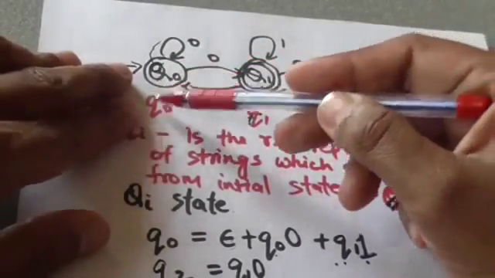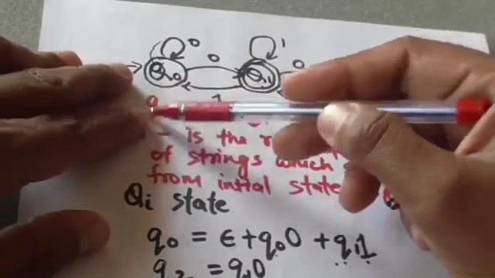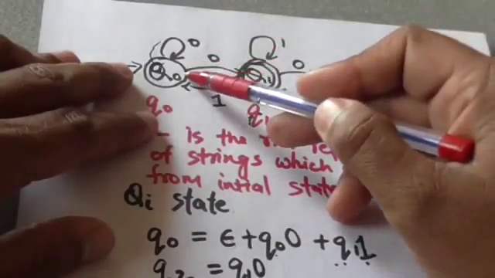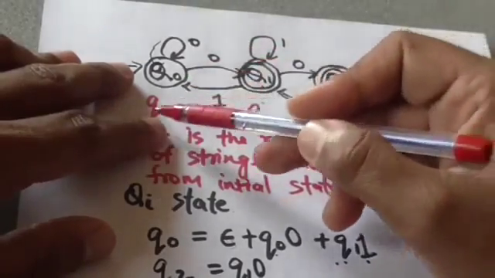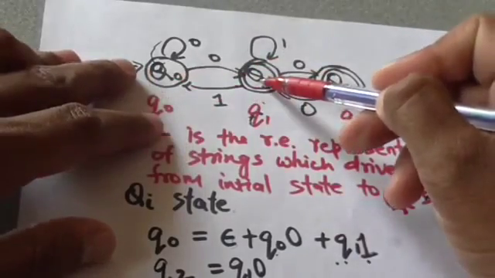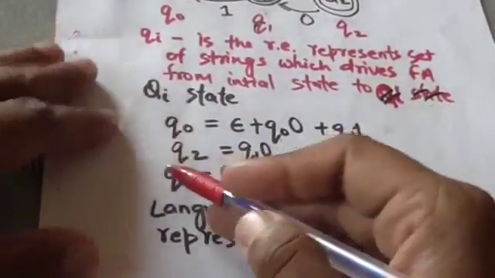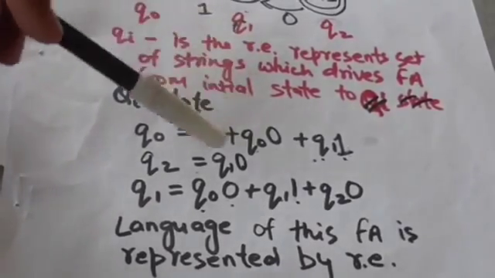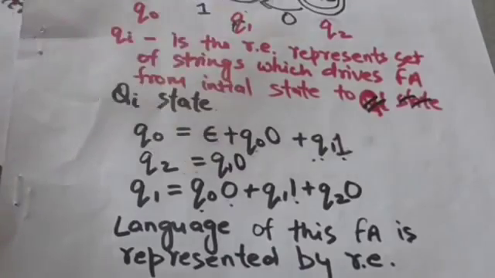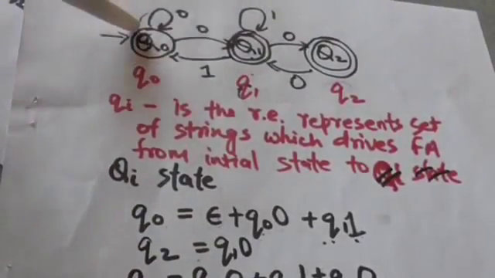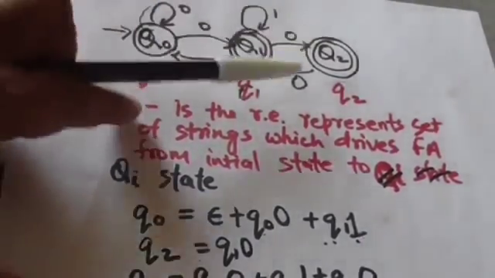So when the strings of regular expression Q0 are concatenated with input symbol 0, then those strings will drive the machine from its initial state to state Q1. So the regular expression Q0 0 represents the set of strings which drive the machine from the initial state to state Q1.